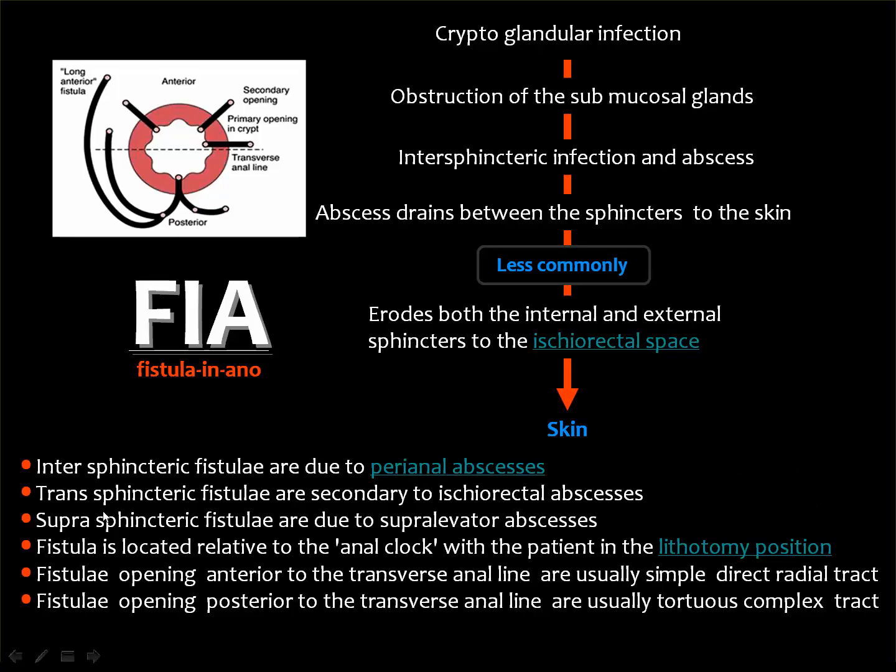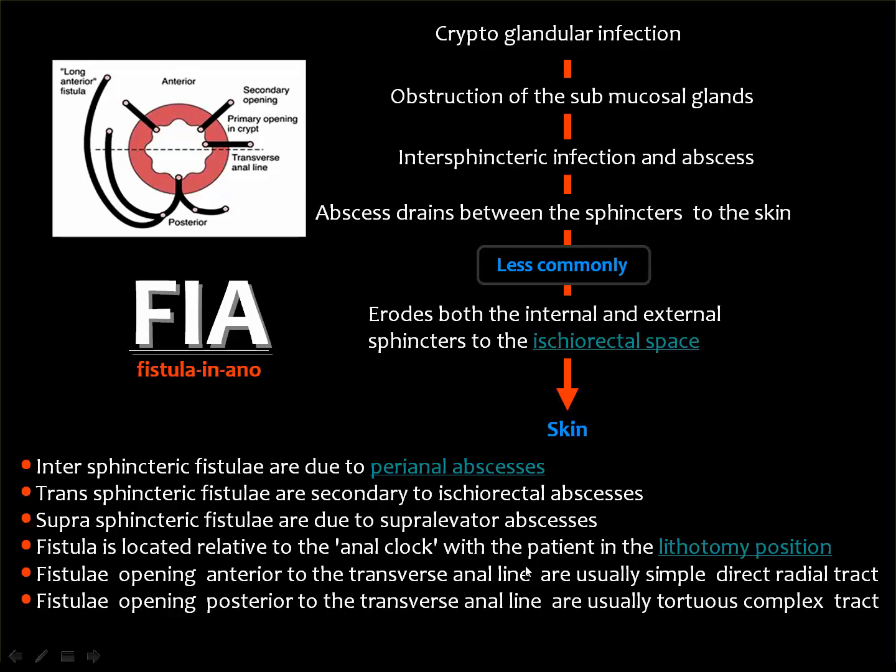Intersphincteric fistula is due to a perianal abscess which tracks between the sphincters. Transsphincteric fistula may be secondary to ischiorectal abscesses going through the sphincters, and then you have the suprasphincteric, which I will explain after that.